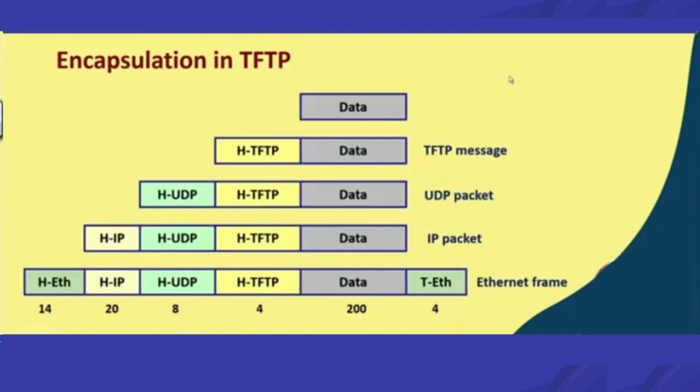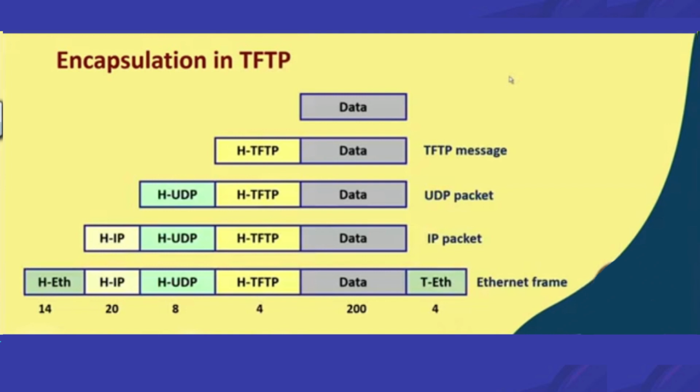So, at the UDP layer, an 8-byte header gets added. Then it comes to the IP layer. For the IP layer, 20 bytes of header gets added, and at the lowest level, it is the Ethernet. At the Ethernet layer, 14 bytes of header and 4 bytes of trailer get added. A header gets added here, a trailer gets added here.